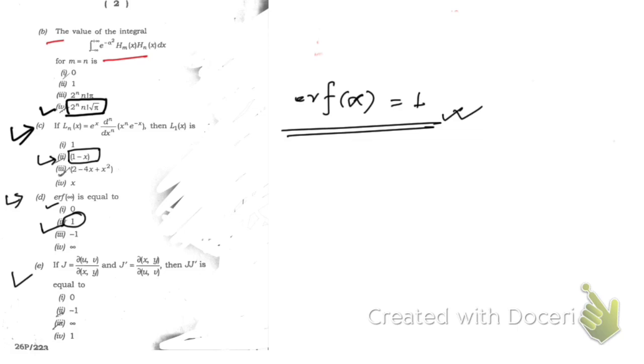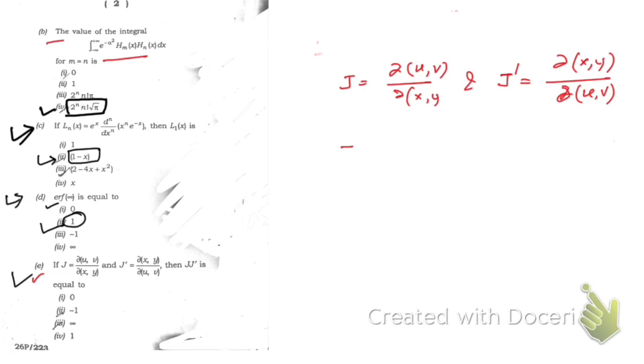Next we have z is equal to del(u, v) over del(x, y), and z inverse is equal to del(x, y) over del(u, v).